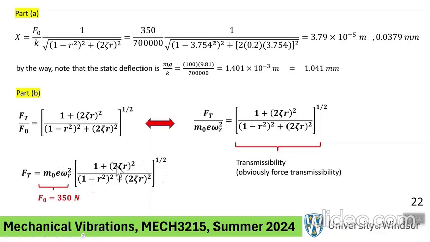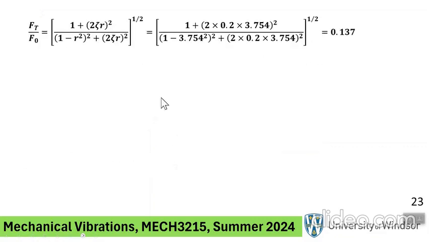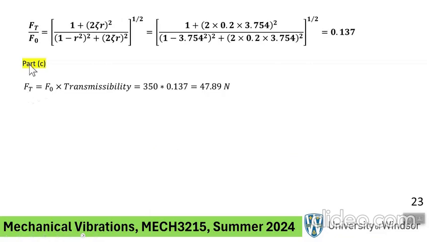We have the values of zeta and R. You just plug them in, and you get Ft equal to this number times F naught. So Ft is F naught times this thing that from chapter 10 we call the force transmissibility, and you get 47.89 Newton. This is the force transmitted to the ground, and that takes care of this.